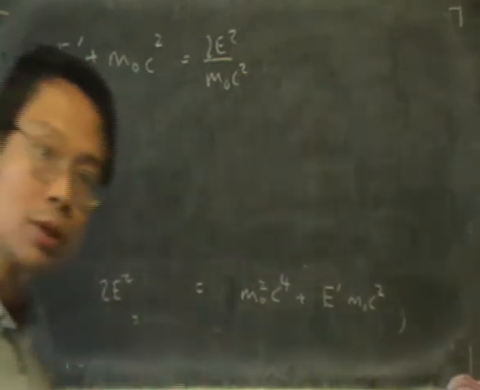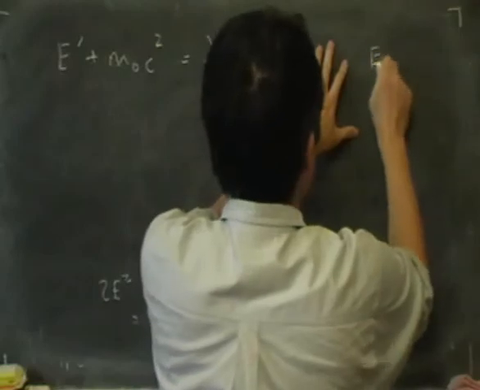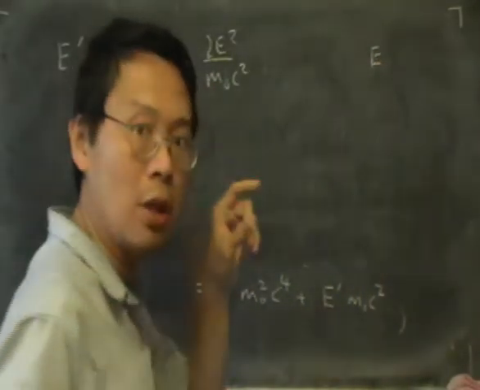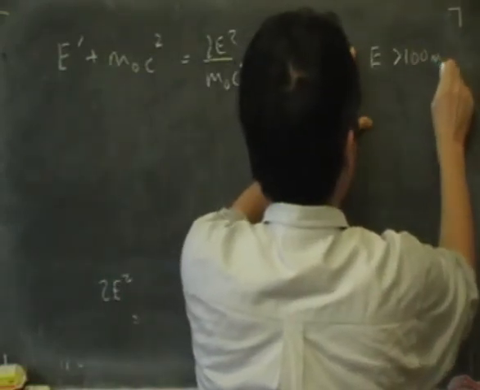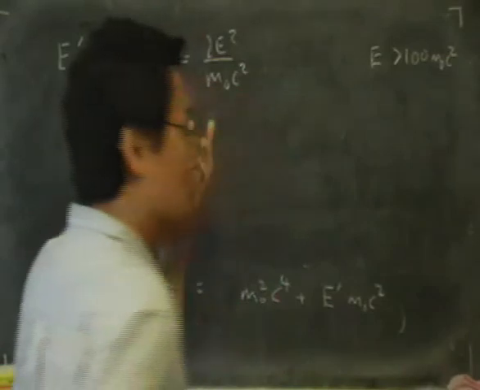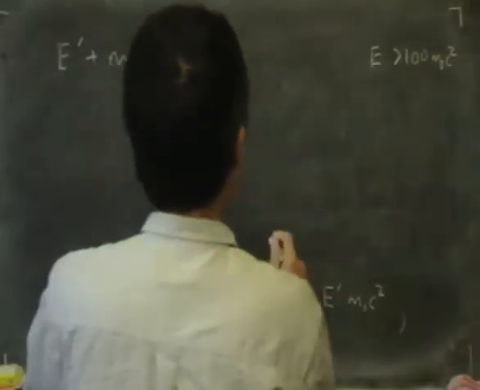Now from experiment 1, we know that E, which is the energy of a proton or antiproton, must be more than 100 m naught c squared. Right? The rest energy of a W particle.